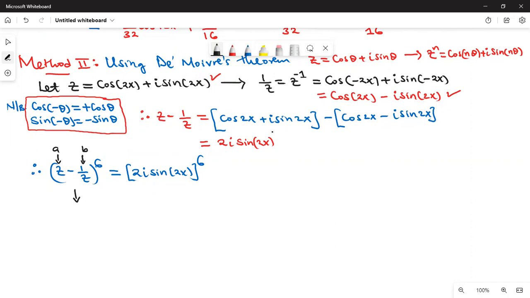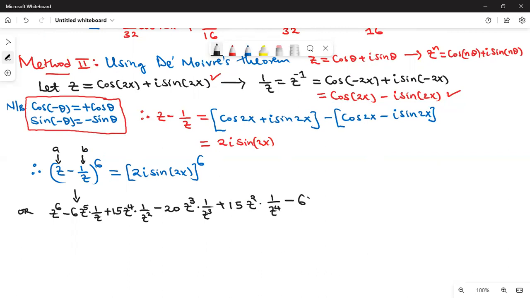So that should give us a raised to 6, so that is z raised to 6, minus 6 z raised to 5 times 1 over z, plus 15 z raised to 4 times 1 over z squared, minus 20 z cubed times 1 over z cubed, plus 15 z squared times 1 over z raised to 4, minus 6 z times 1 over z raised to 5, and then plus 1 over z raised to 6.